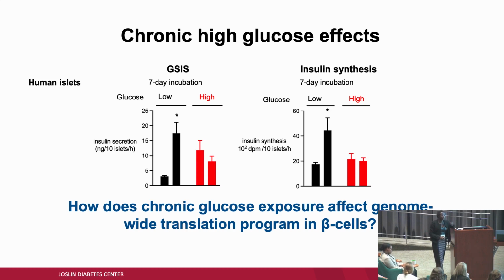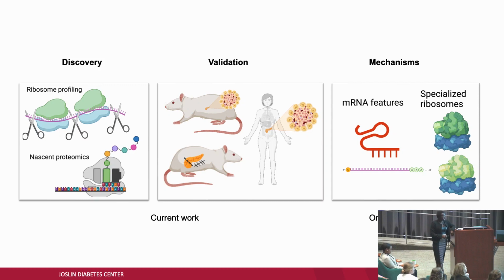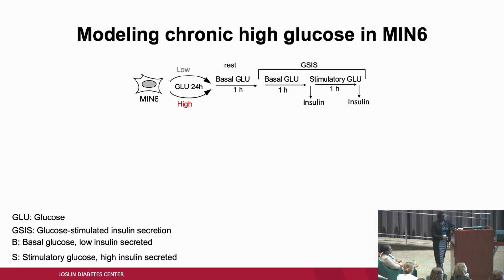Because I believe there's a coordinated mechanism of doing this, and it might be affected by chronic hyperglycemia, which would be relevant to disease. So in the next 9 minutes, I'll tell you a little bit about the work I've done using different methods to measure translation, validation in different models, and what I think the mechanisms are going to be.